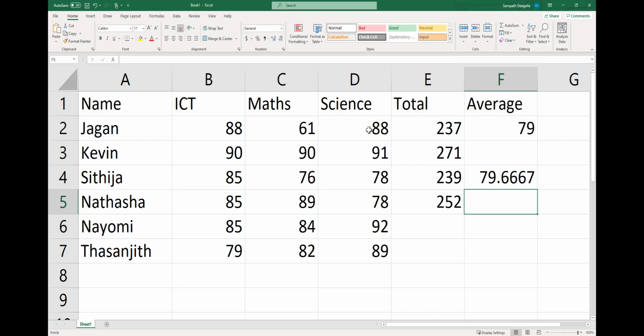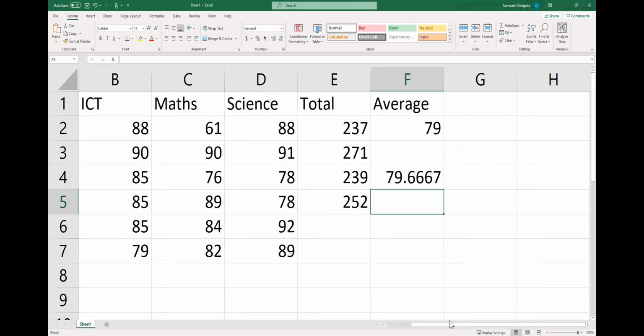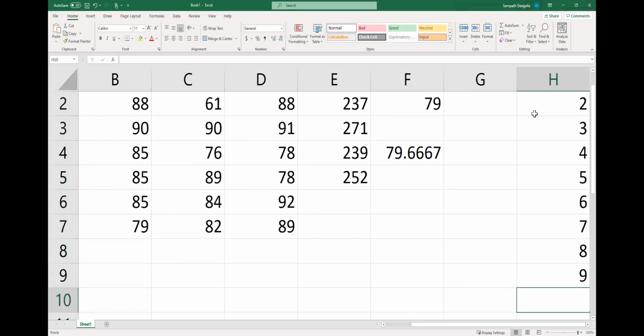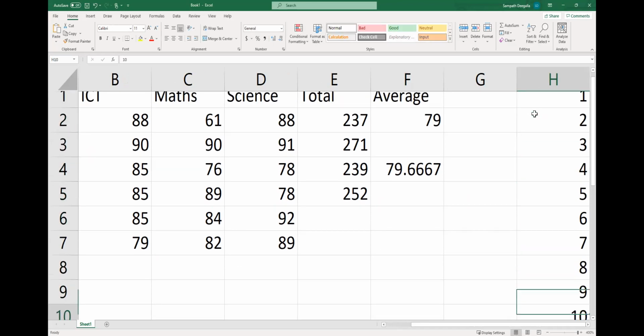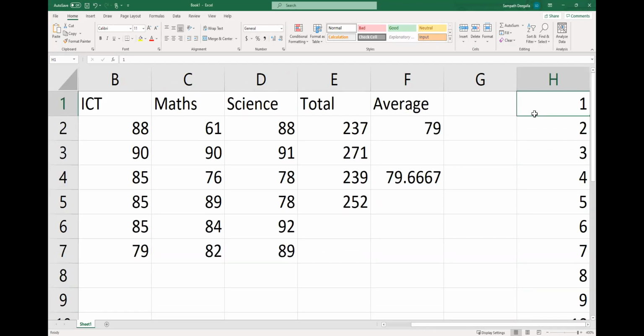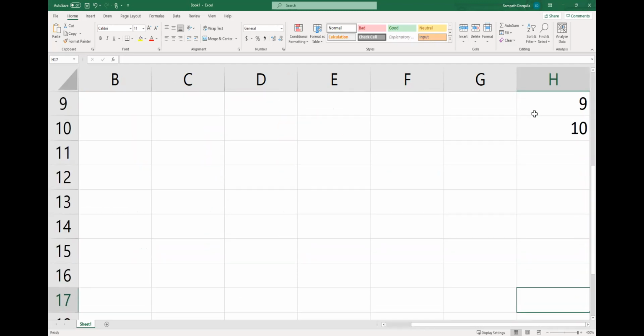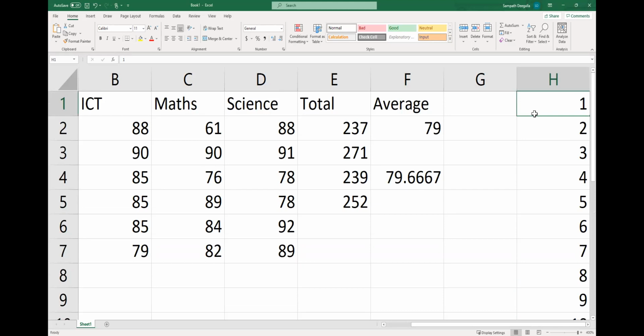Okay, so one of the interesting things in Excel is you don't have to type everything. I hope some of you already know this. But let me take now, for example, if I want to type 1, 2, 3, 4, 5, 6, 7, 8, 9, and 10 like this. Typing up to 10 is okay, but let's say if you want to type 1 to 100, this is not going to work manually typing.